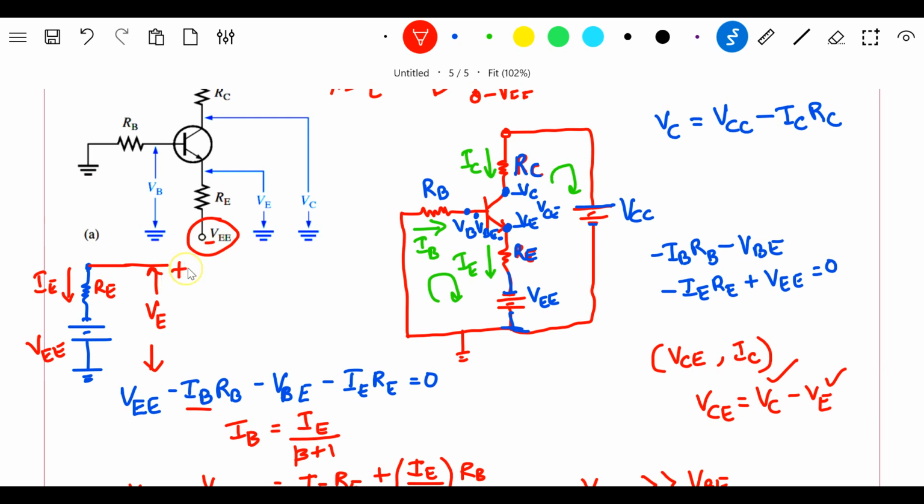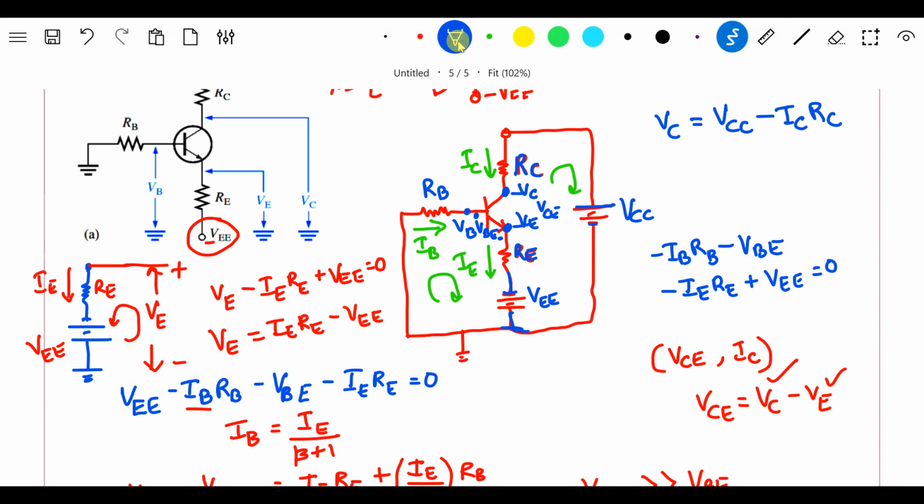Let me take this as plus and minus. Now if I write the loop equation for this, IERE plus VEE equals 0. I can easily say now that VE equals IERE minus VEE.